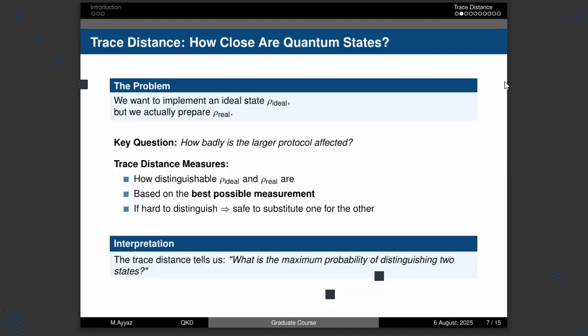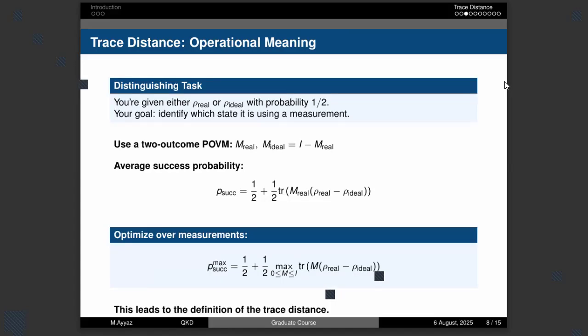So the trace distance is the property through which we can distinguish the states through the best possible measurement. Another interpretation of the trace distance is the maximum probability of distinguishing two states. Consider a scenario where the machine that we have built is preparing the two states rho real and rho ideal, each with probability 1/2, so it is preparing the two states with complete randomness.